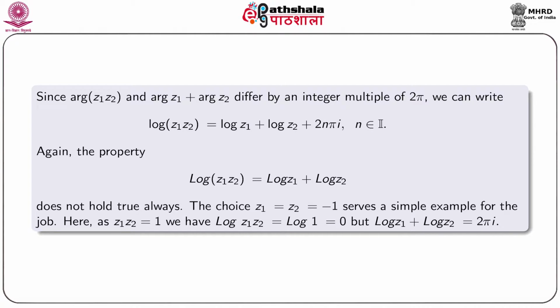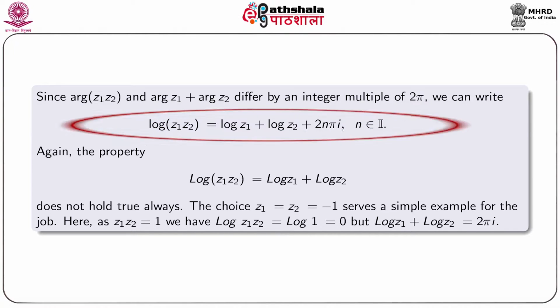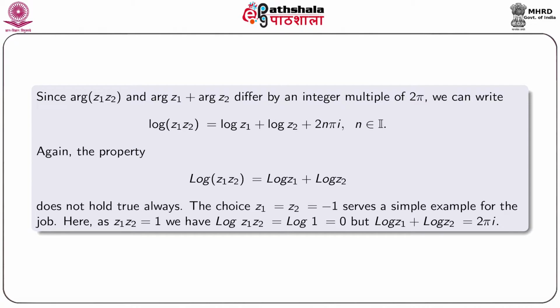Since arg(z1 z2) and arg z1 + arg z2 differ by an integer multiple of 2π, we can write log(z1 z2) = log z1 + log z2 + 2nπi, where n is any integer.